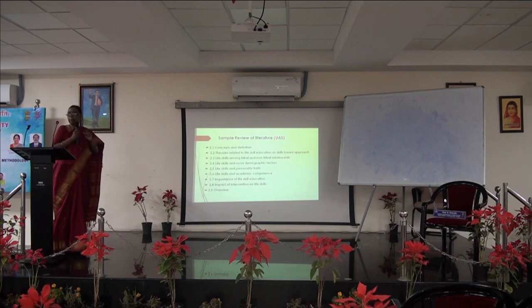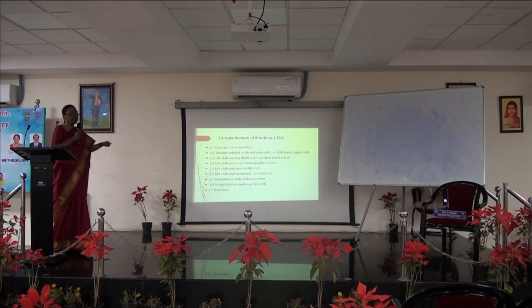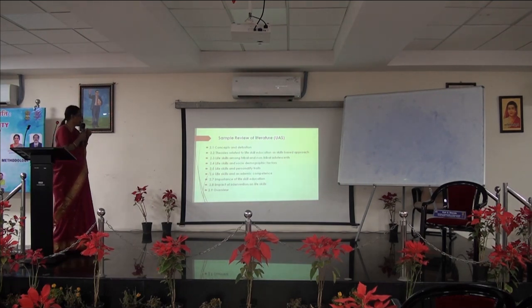The study is on tribals, but comparatively they wanted to present information related to non-tribals also. 2.4, life skills and socio-demographic factors, life skills and personality traits. This is about achievement, but they have included personality traits also. 2.6, life skills and academic competence. 2.7, importance of life skill education. 2.8, impact of intervention on life skills.